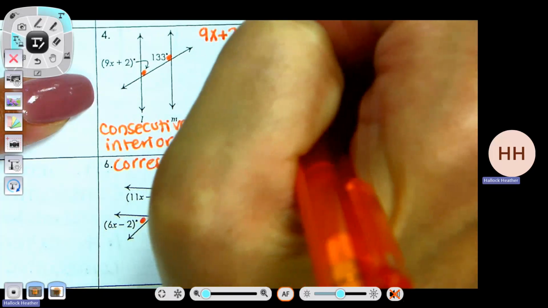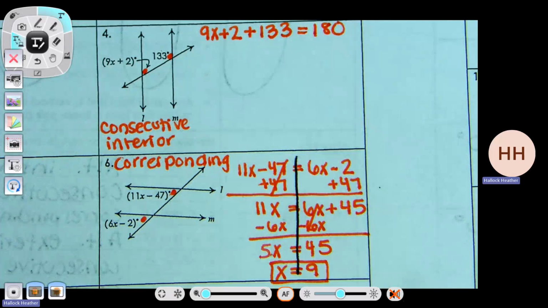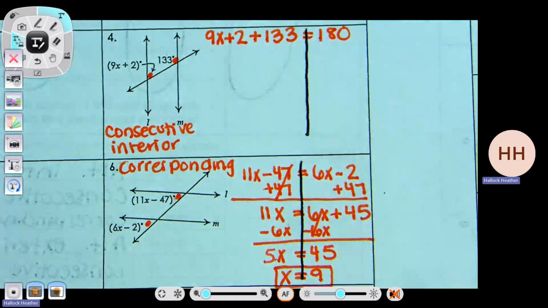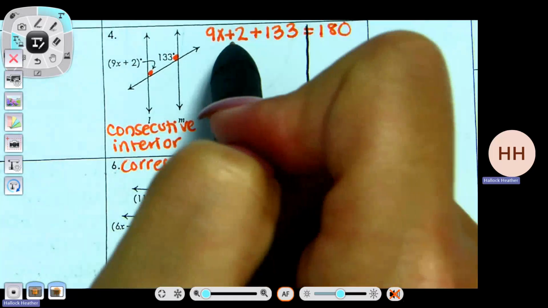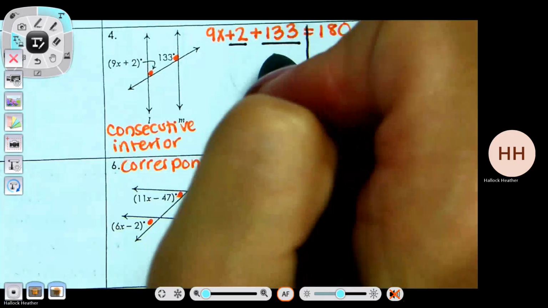So they either equal each other or they add to make 180. In this case, they add to make 180. So you have two things combining. What two things on the left side can combine? 2 and 133. How much total will that make?